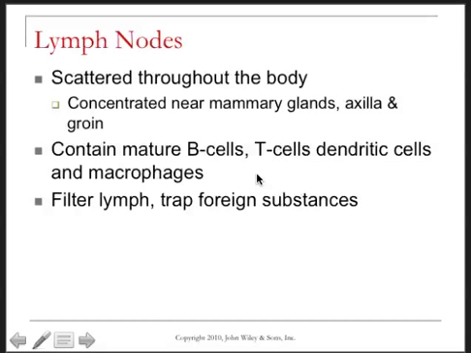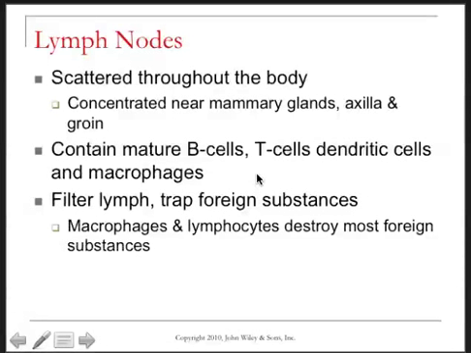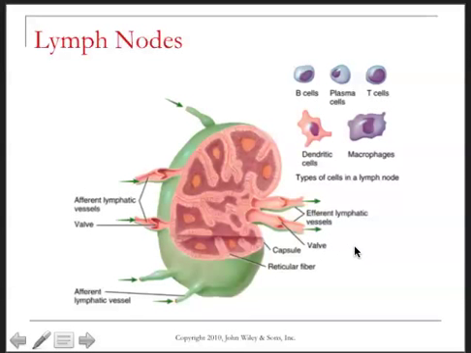Other processes that go on inside the lymph nodes include filtering, trapping, and processing foreign substances. Macrophages and lymphocytes destroy most foreign substances, but also, more importantly, they present them to the rest of the immune system. And so here you can see a lymph node. This is what I was telling you about when we were discussing the flow of fluid through this organ. You can see here that there are more afferent vessels than there are efferent vessels.